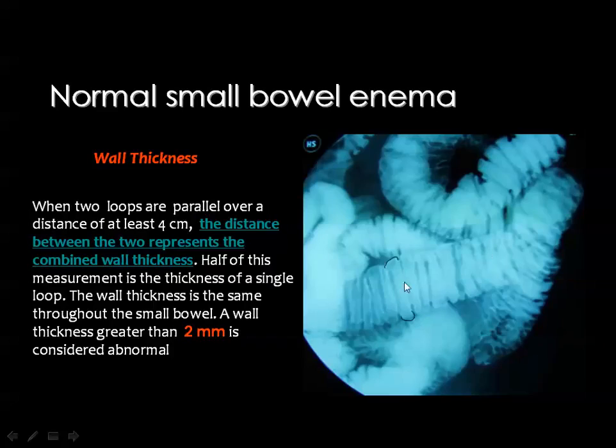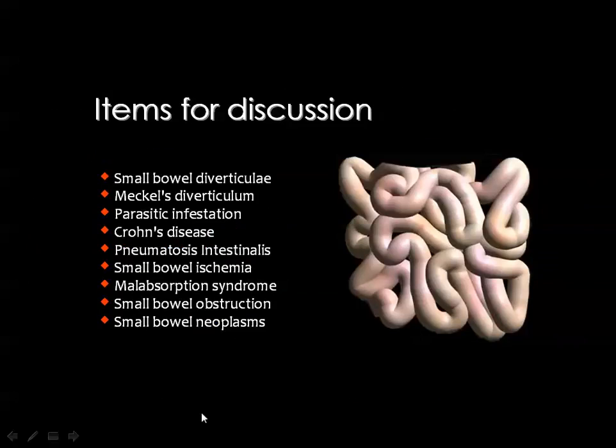The distance between the two represents the combined wall thickness. Half of this measurement is the thickness of a single loop, and a wall thickness greater than 2 millimeter is considered abnormal.